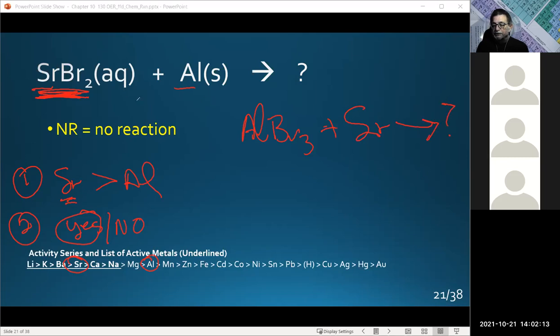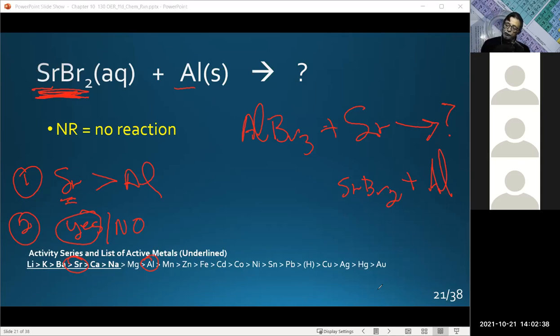Okay, which is the opposite of what we're given. In this case, yes, we would get a reaction to give us strontium bromide plus aluminum. I will balance it here. Okay, you guys can. Okay, see how that works.